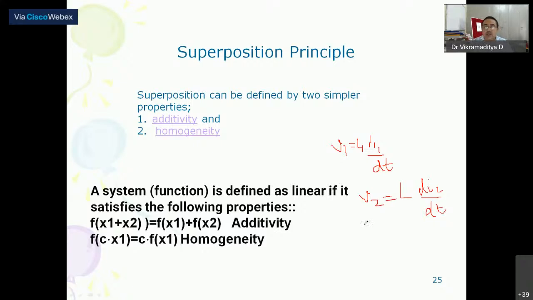Now I apply a current equal to I1 plus I2 to this inductor and get a voltage V3. So this V3 will become L d(I1 plus I2) upon dt.